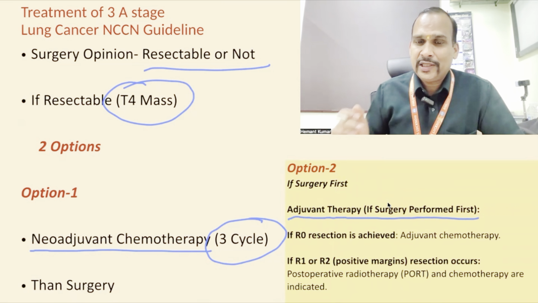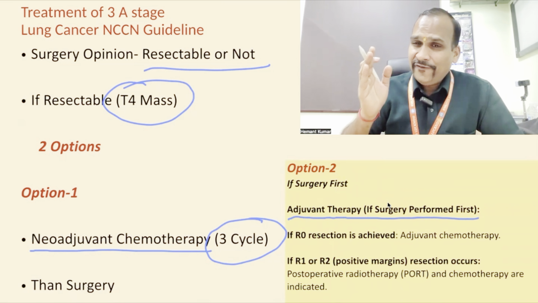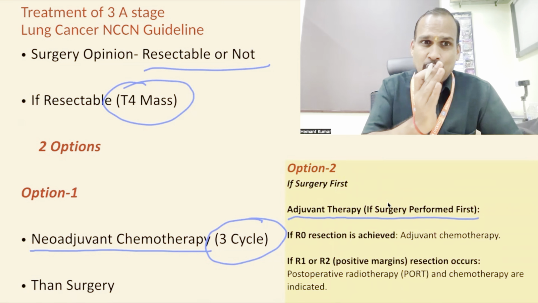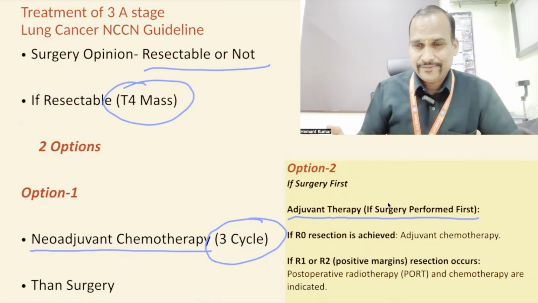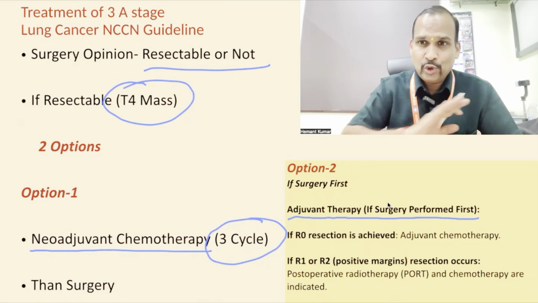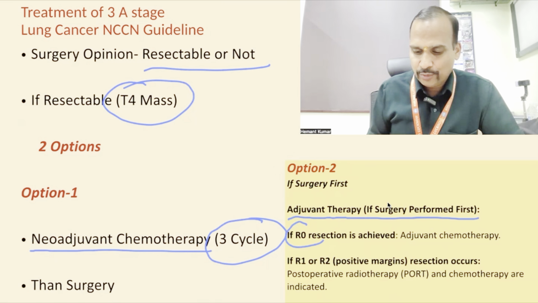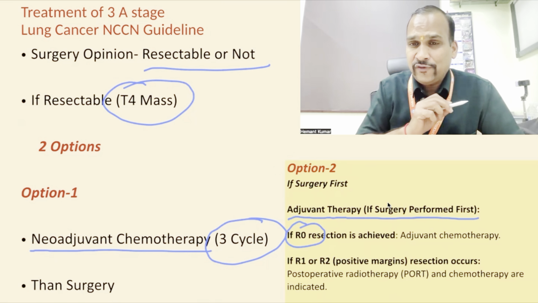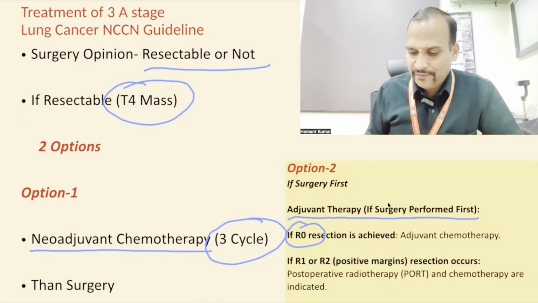It's called adjuvant chemotherapy. So after surgery, if the tumor margin is free of cancer, meaning R0, resection is achieved completely, then no need for radiotherapy, just give adjuvant chemotherapy.